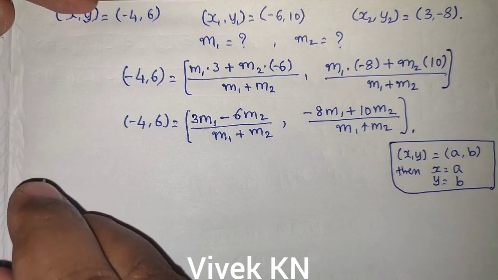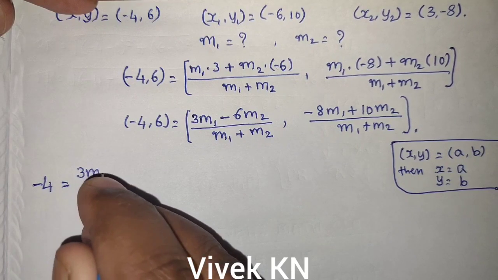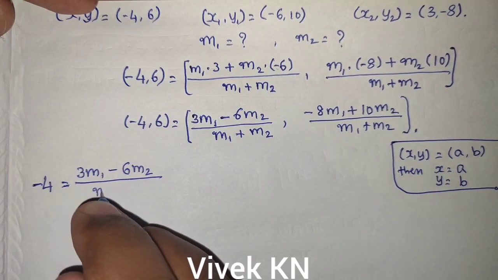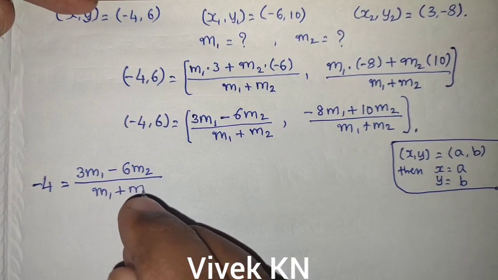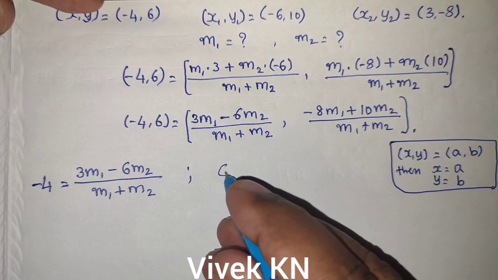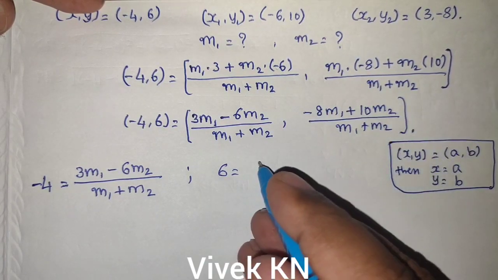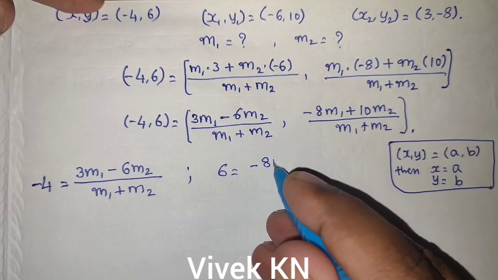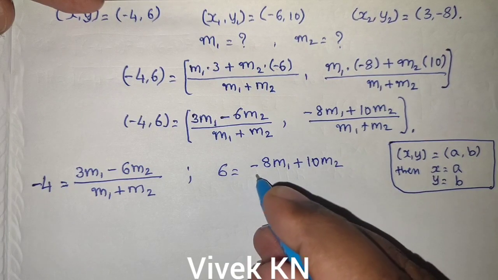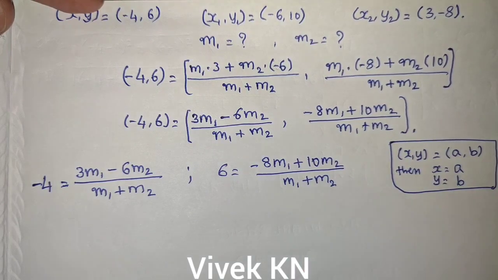That is, -4 is equal to (3m1 minus 6m2) divided by (m1 plus m2). And this 6 will be equated to the y coordinate of the point on the line segment AB. That is, 6 is equal to (-8m1 plus 10m2) divided by (m1 plus m2).